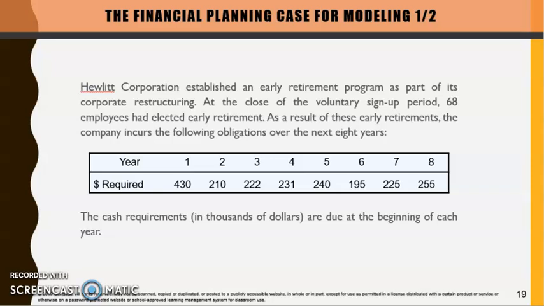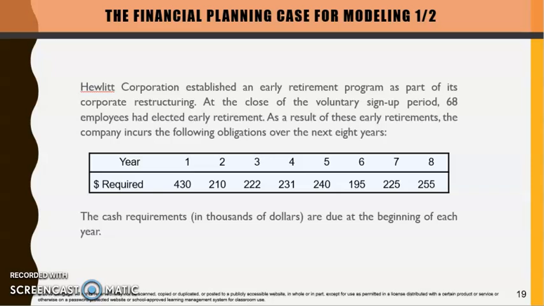Hulit Corporation established an early retirement program as part of its corporate restructuring. At the close of the voluntary sign-up period, 68 employees had elected early retirement. As a result of these early retirements, the company incurs the following obligations over the next 8 years.